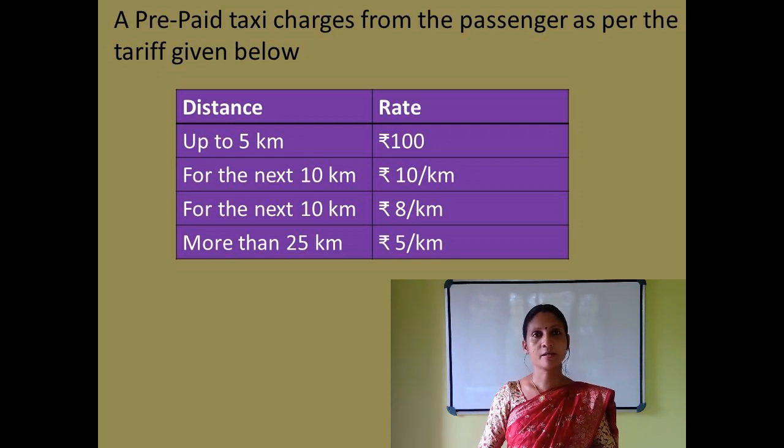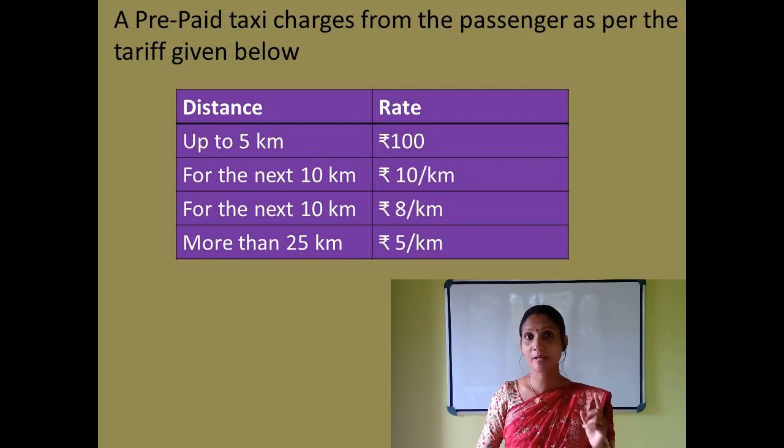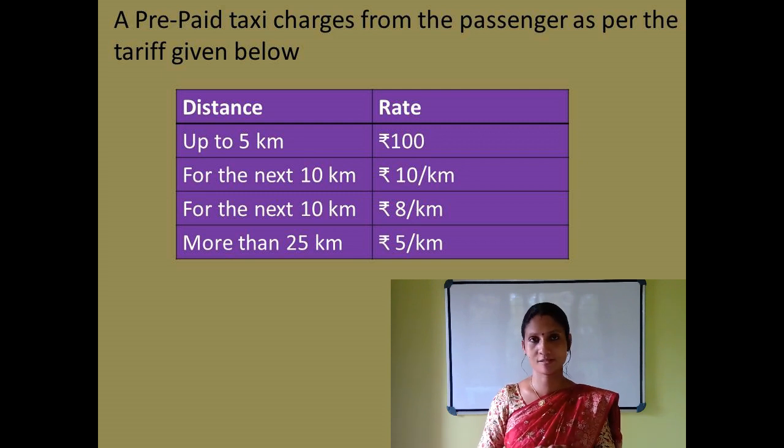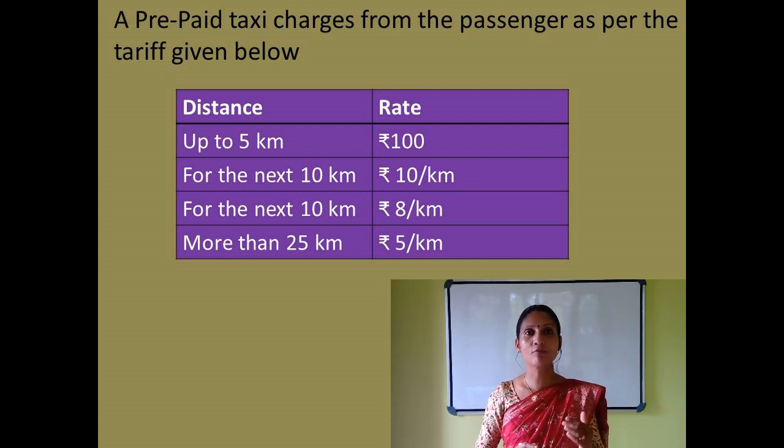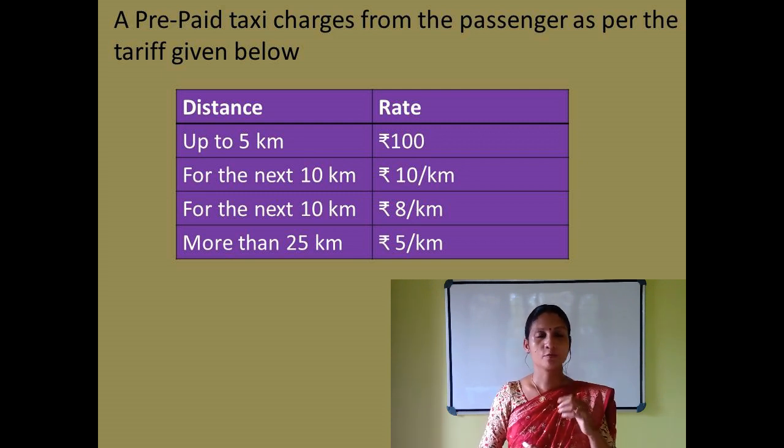In this one, how can you calculate the amount according to the condition? Please check the condition. For the first 5 kilometers, you have to pay 100 rupees. And for the next 10 kilometers, per kilometer, you have to pay 10 rupees. That means if you traveled 7 kilometers, how can you calculate this according to these conditions?